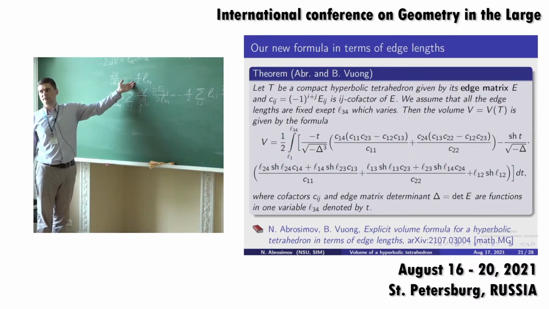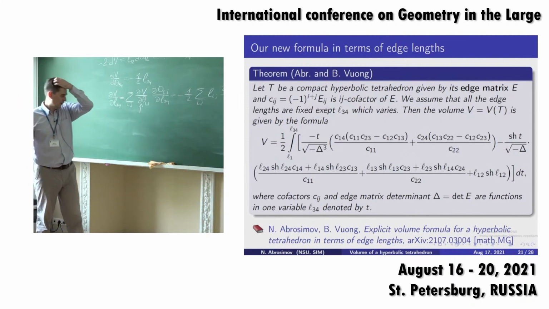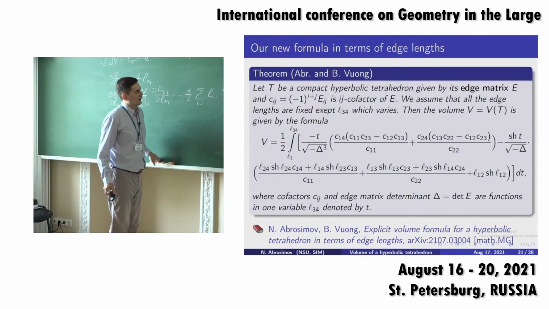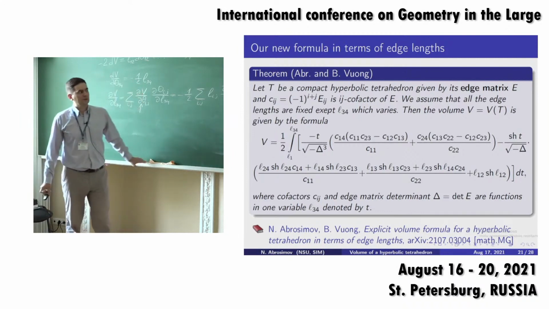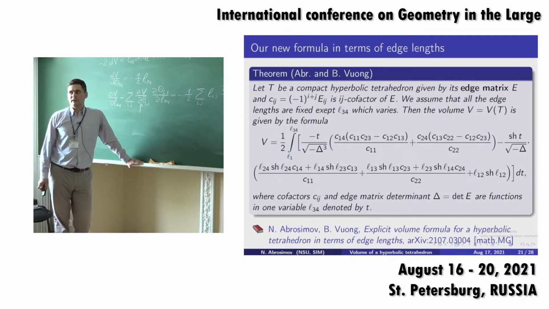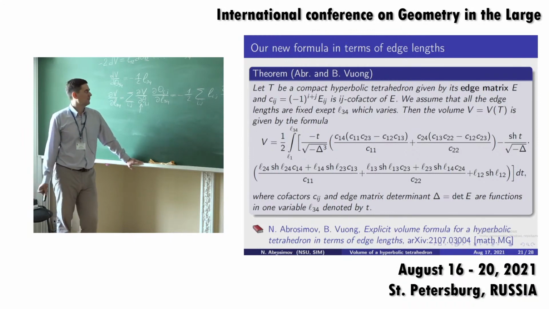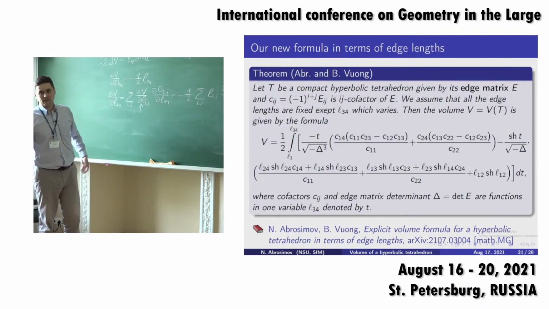Previously, we had just 1 term here. We should integrate. So we can expect that the analog of Sforza's formula, but in terms of the edge matrix, should be at least, roughly speaking, 6 times more complicated than the original one.